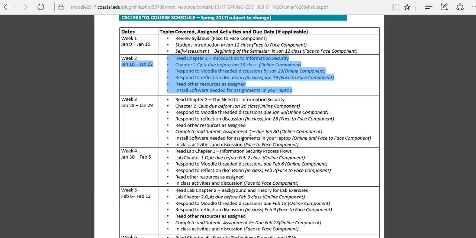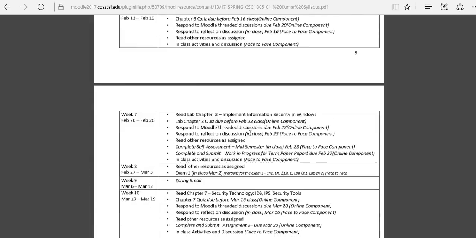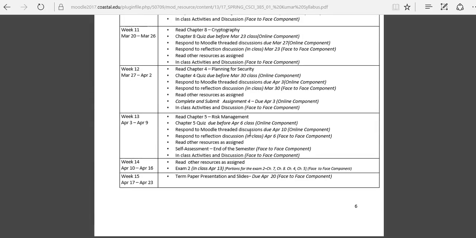So you will have up to 4 assignments, and there will be a quiz after every chapter you read.